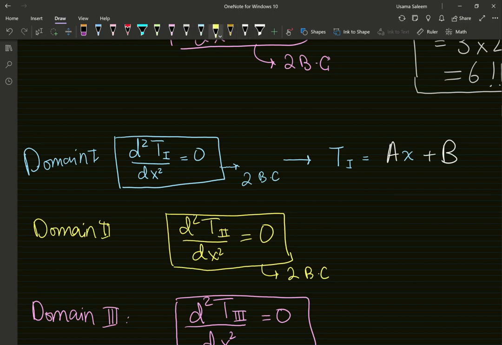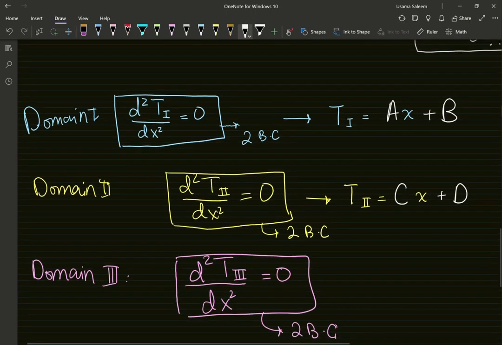T2 is going to come out to be C x plus D. And T3 finally is going to come out to be, you've already guessed it by now, hopefully, E x plus F.